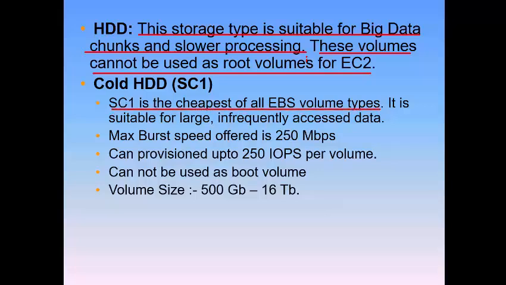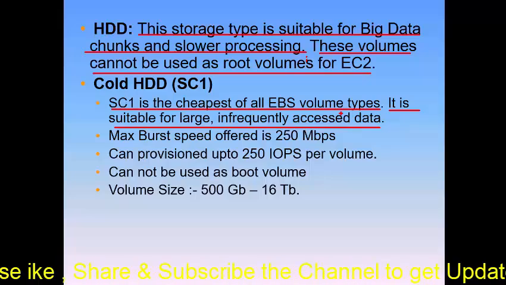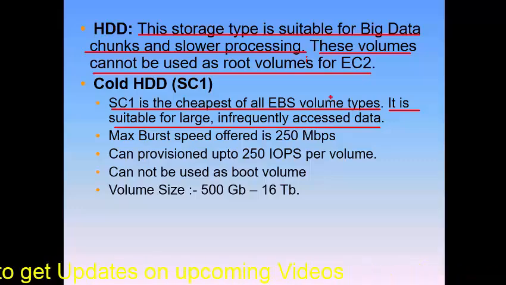It is suitable for large, infrequently accessed data. Data is rarely used and IOPS does not matter, it can be low. In that case, we will choose cold HDD. Burst speed can be up to 250 Mbps throughput, and IOPS can be provisioned up to 250 IOPS per volume.